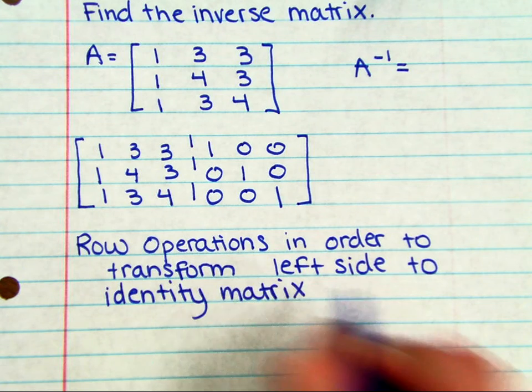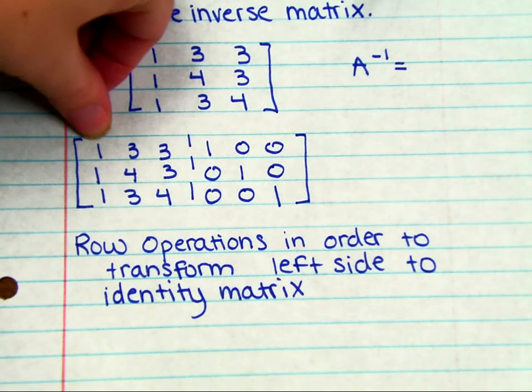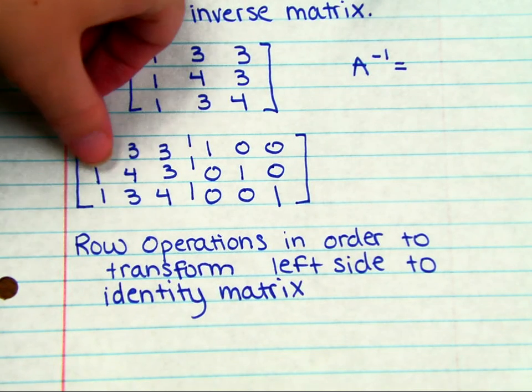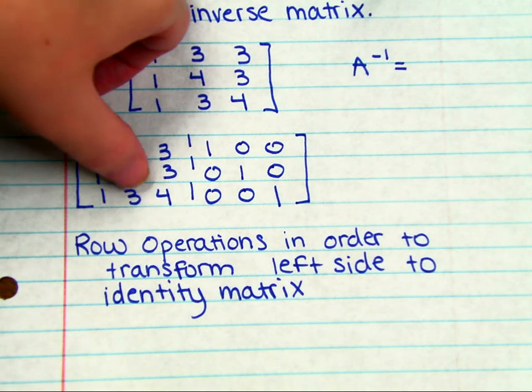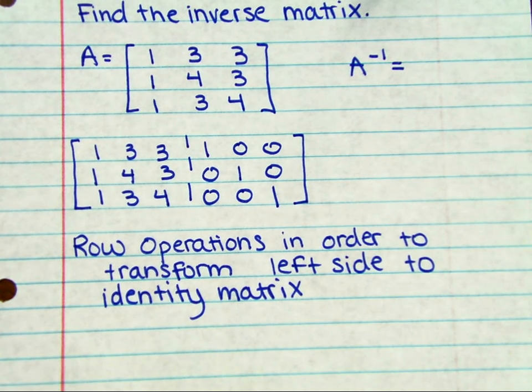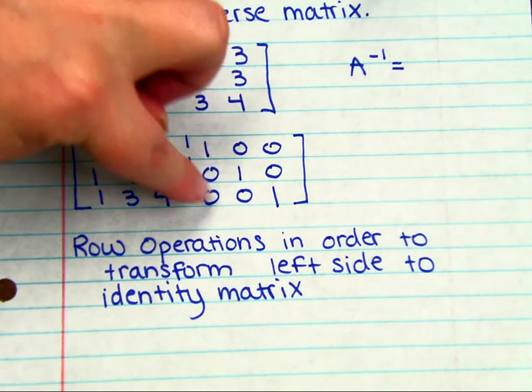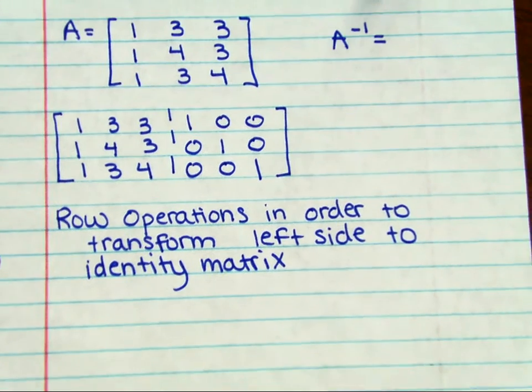So essentially, I want 1, 0, 0, 0, 1, 0, and then 0, 0, 1. Now, just like you did before, you're also going to have to do all of your operations to this right-hand side, and that's where the inverse matrix is going to come.